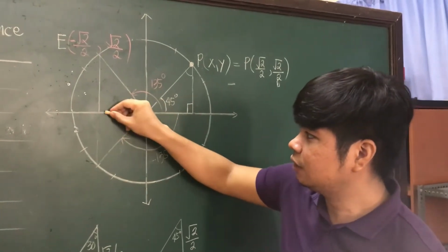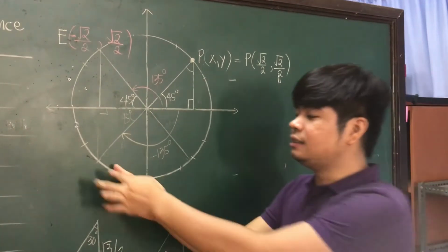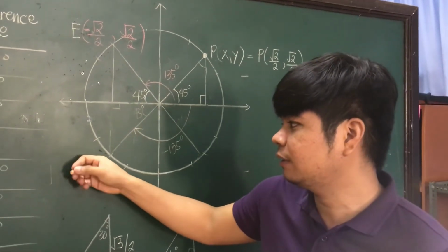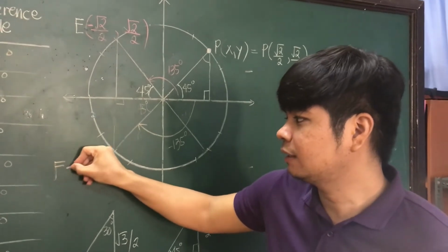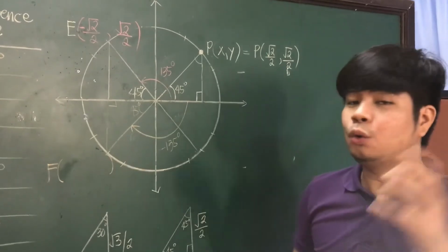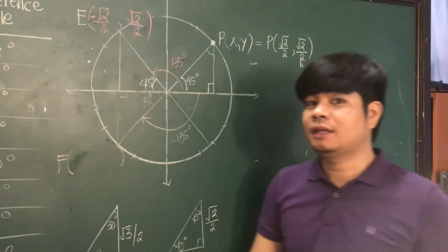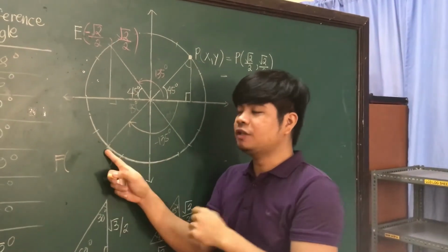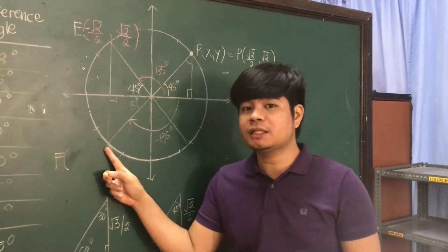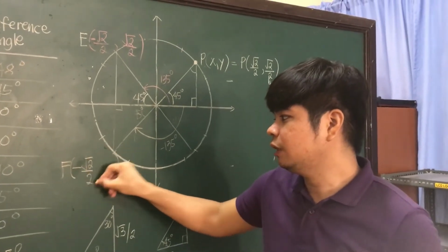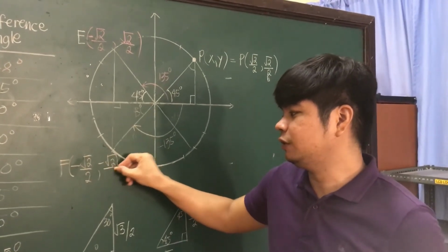And since it is found on quadrant 3, let's say the point is point F, the signs of the coordinates of point F are negative and negative. So since point F is on quadrant 3, the coordinates are both negative. Okay, so we have negative square root of 2 over 2 and negative square root of 2 over 2.